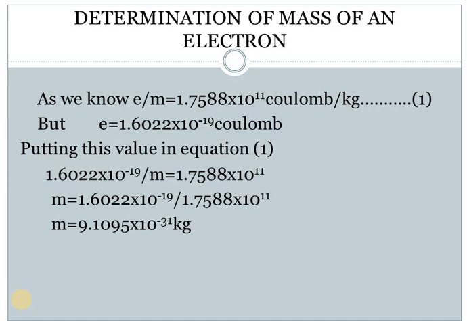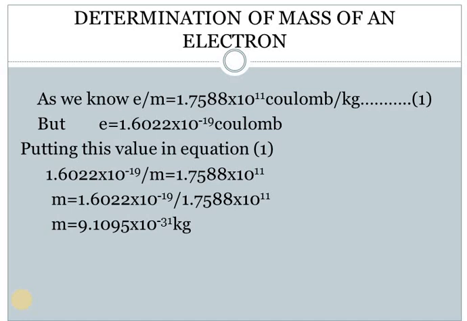It is fixed, and you have to learn all these values as such, because in exams no one will provide you these values. If we take this e value and put it in the upper equation, that is 1.6022 into 10 raised to power minus 19 divided by m is equal to 1.7588 into 10 raised to power 11, and leave m over there, we can find the mass of an electron.